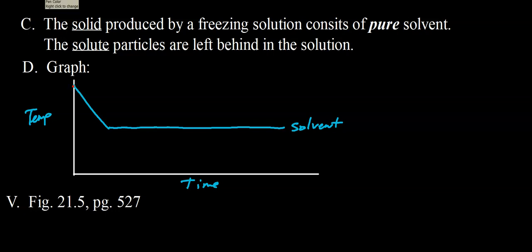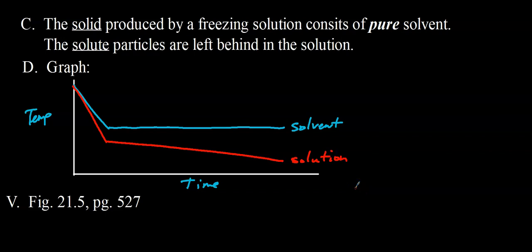So here, let's make a key. We have solvent. Here's our solution. So again, we see that the substances freeze at different temperatures. And again, kind of like what we talked about with boiling yesterday, during the freezing process, since the solute does not freeze along with the solvent, that solution as it freezes will become more and more concentrated.